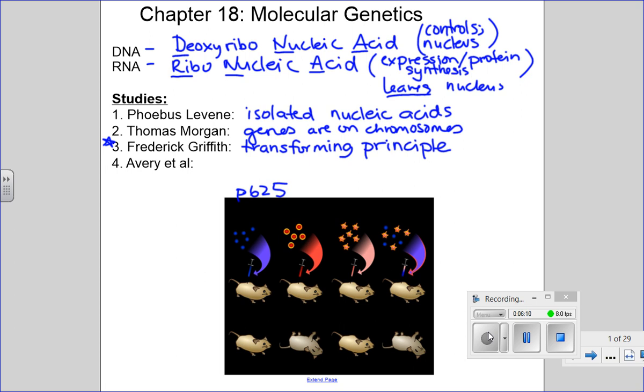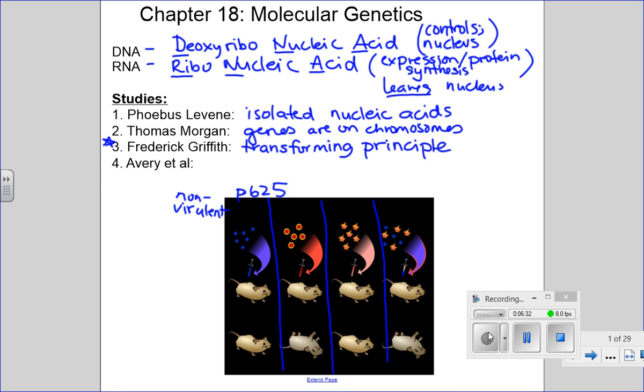So if you look at the picture, these are supposed to represent 4 different trials of an experiment that Frederick Griffith was doing. In the first trial, he injected mice with what we would call non-virulent cells.